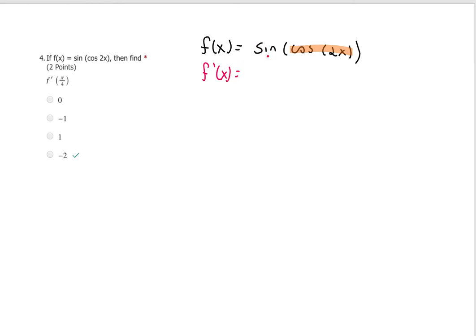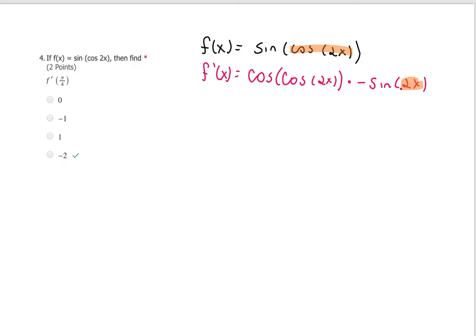So derivative of sine is cosine. So it's going to be cosine of whatever my inside is, times by my derivative of the inside. Well, the derivative of this cosine of 2x is negative sine of 2x, but I'm not finished yet because this also has an inside function.